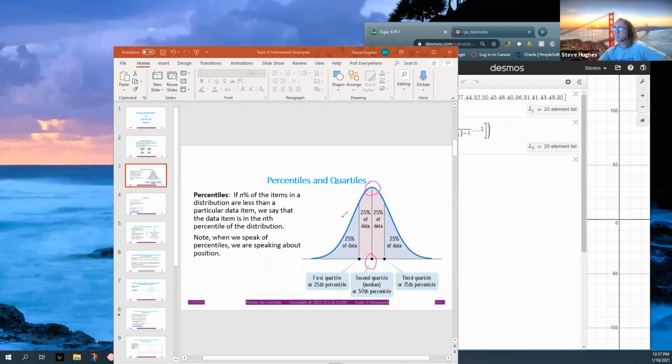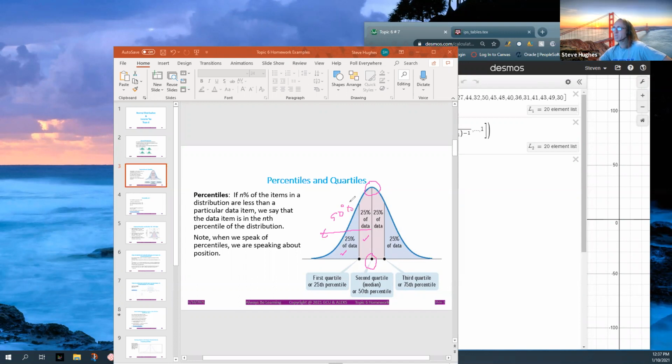You can see from our percentiles, 25% is in the first quartile. That's right here, 25% in the first quartile. All right, 25% in the second quartile. That means 50%, right? 50% here to the left.